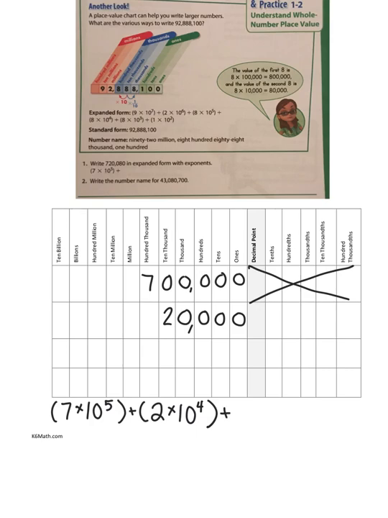All right, let's see. So I've got 720,000. I have no thousands, and then no hundreds, and then just 80. Now one thing I noticed you guys doing that is getting you mixed up with expanded form is if you have no thousands, you don't need to write plus 0.